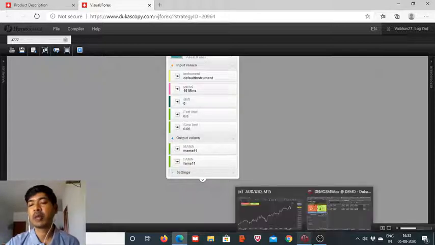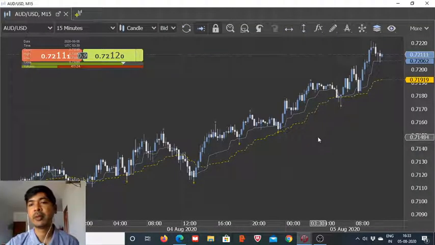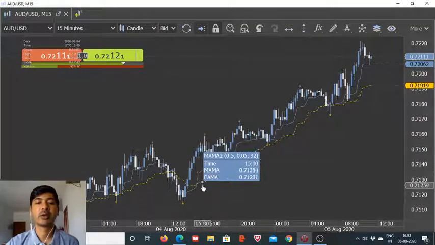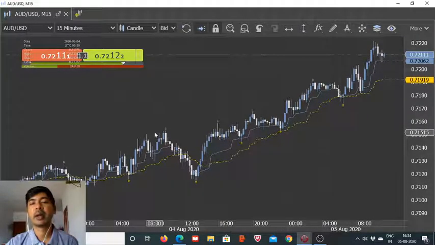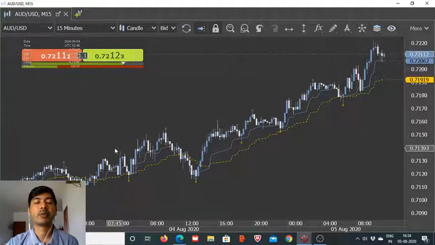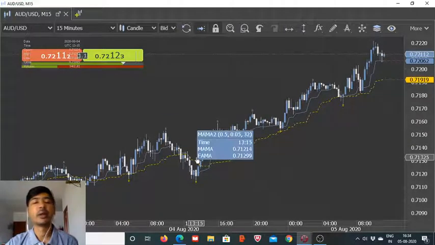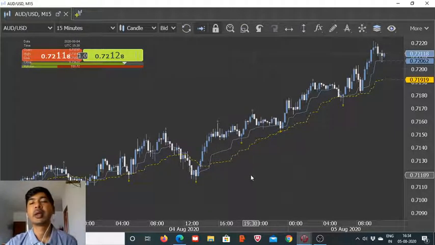So we can use this combination, as I said, whenever there is a cross from below to the high side for MAMA, that will be indicative of the fact that bullish momentum is picking up pace, and similarly for the sell trade, it will be indicative of the fact that bearish momentum is taking hold.